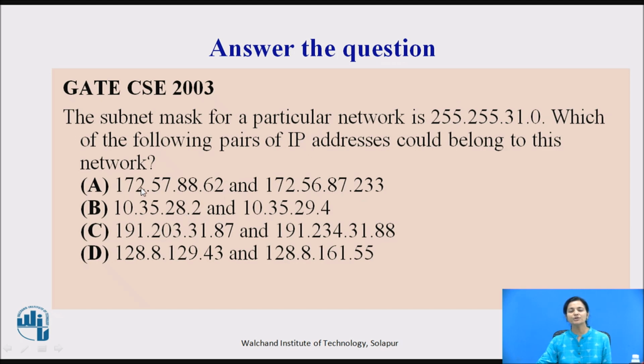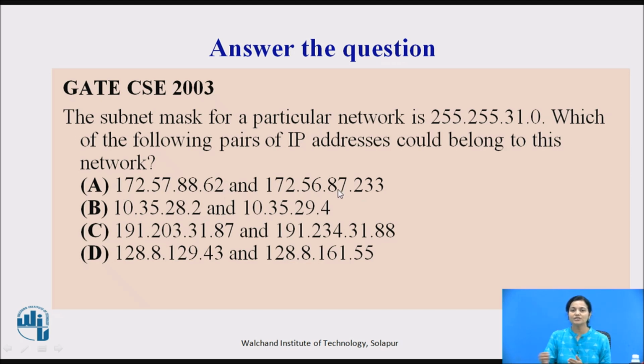What we have to do is convert these into binary, and then AND that binary number with the mask so that it will be masked, and then we will find the network address. We will see one example. Here D is there, I will take that example. You can try all of this by converting into binary.